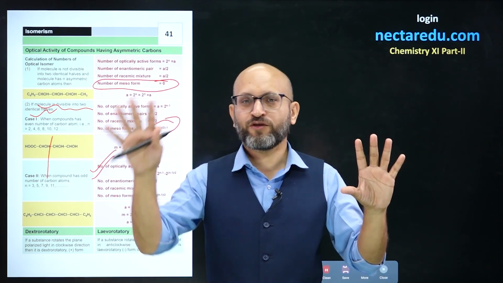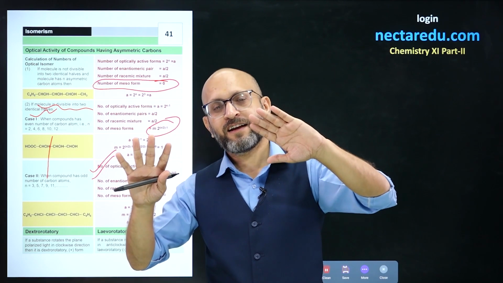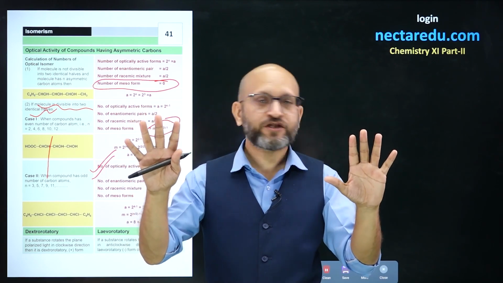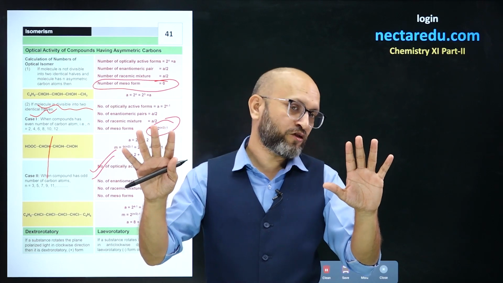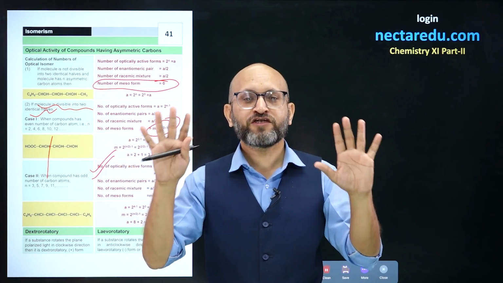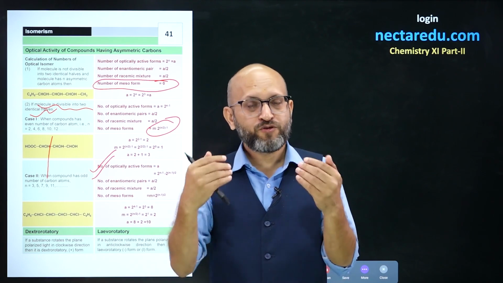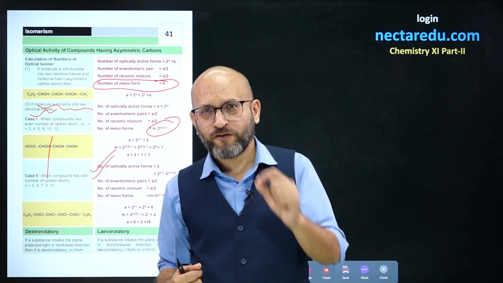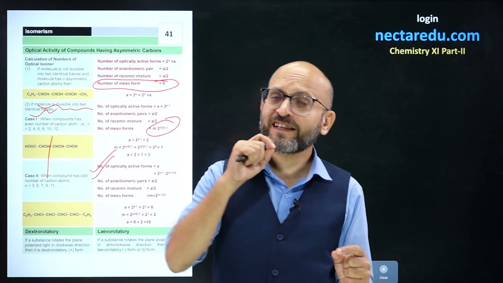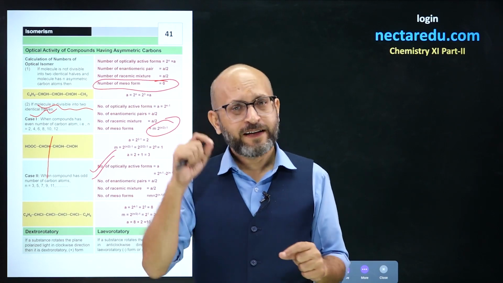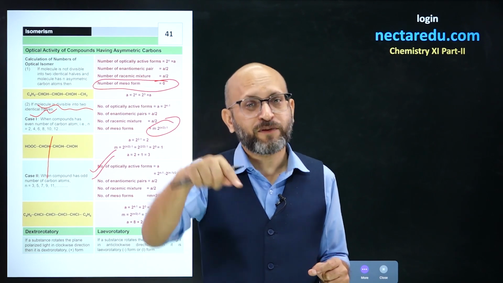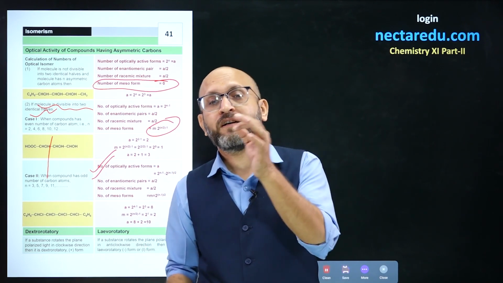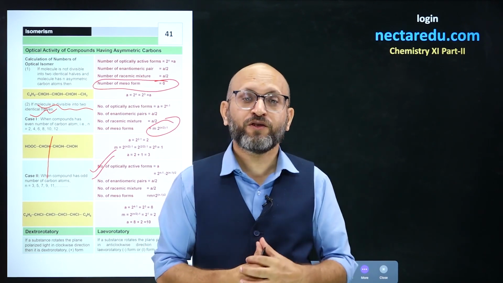If one rotates towards the right, the other will rotate towards the left, and they are mirror images of each other. If one rotates plus 30, the other will rotate minus 30. For an enantiomer pair, the value of rotation is the same, just the direction is different. If the dextrorotatory compound rotates plus 30, the levorotatory one of the same compound will rotate towards the left, minus 30 degrees.